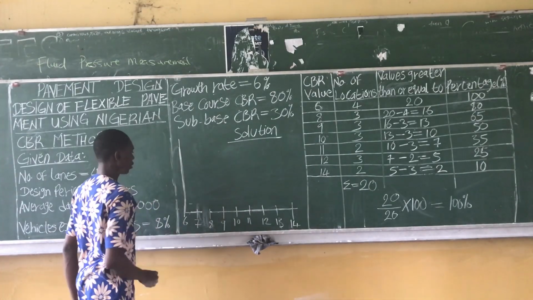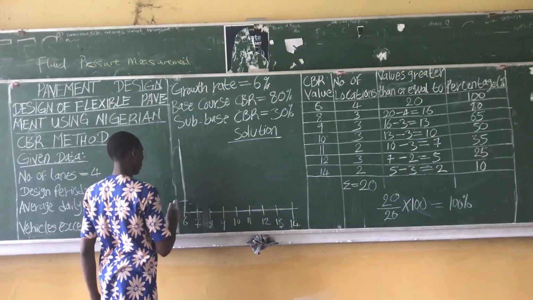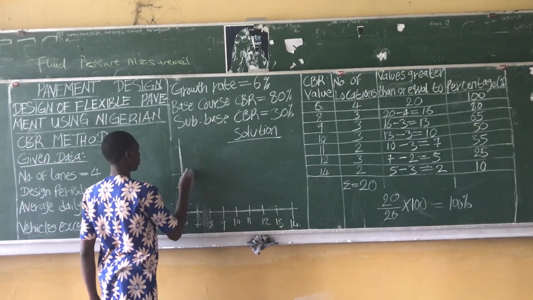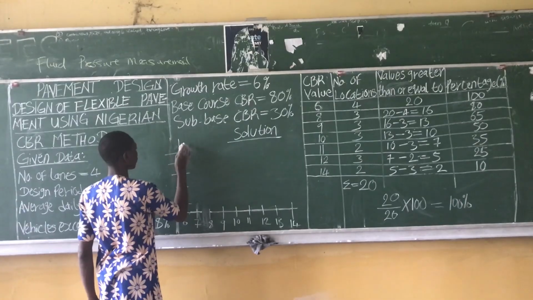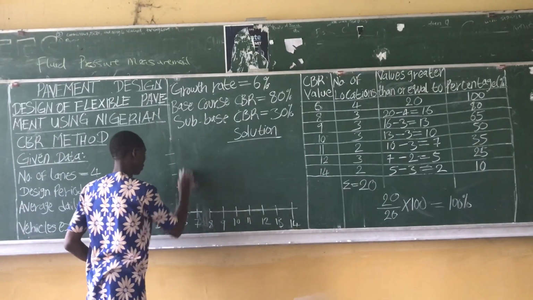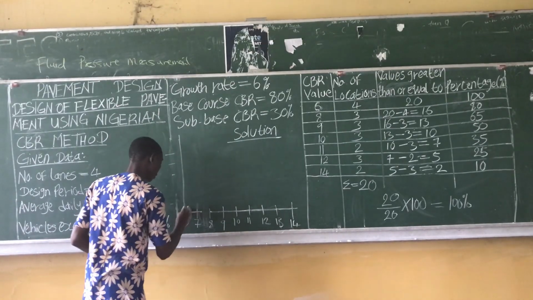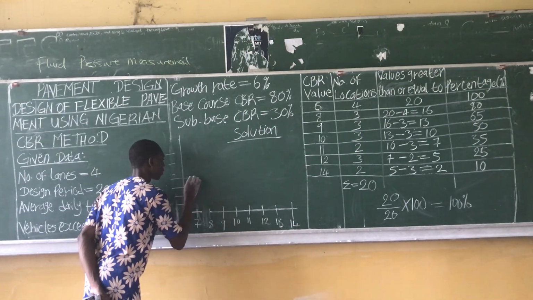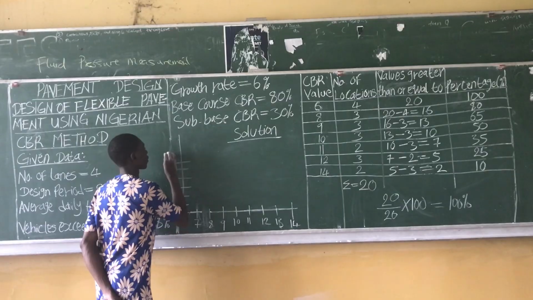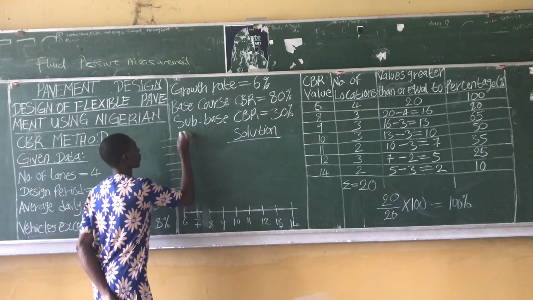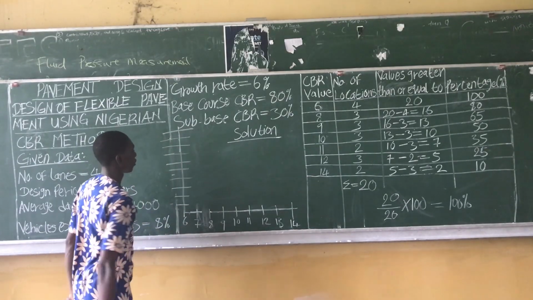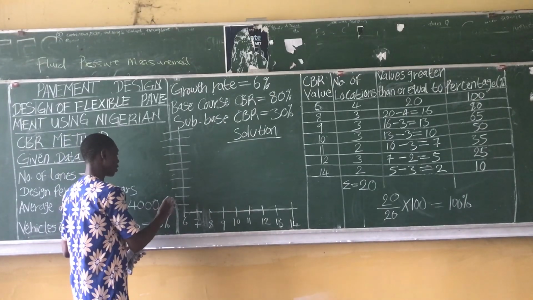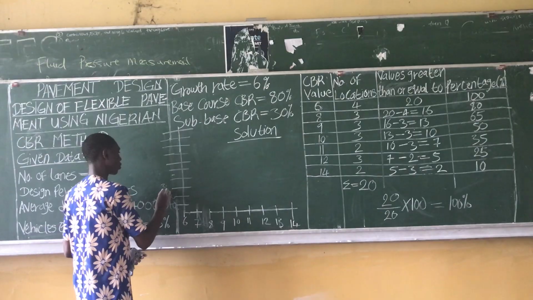So on the vertical axis, we are going to be having 10%. We have 10, 20, 30, 40, 50. Okay, so on the vertical axis, we'll be having 10 to 100 in percentage.